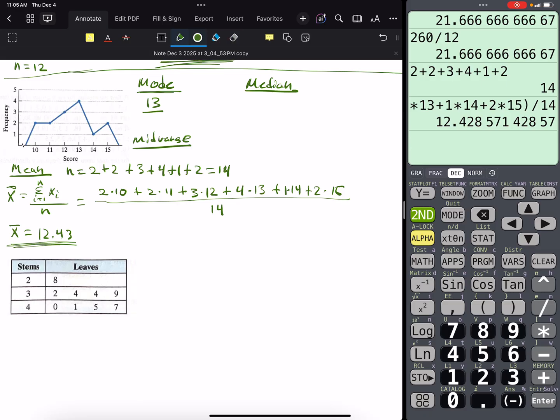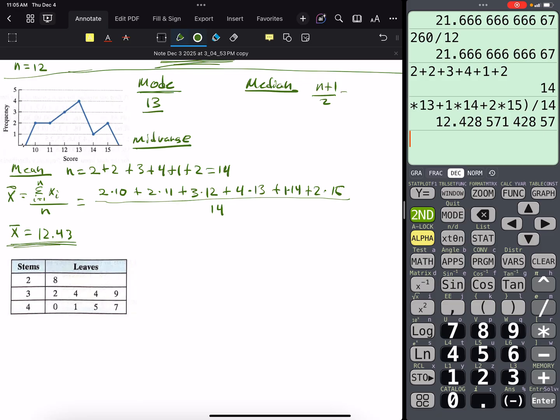Now the median, remember I've got to have this sorted from low to high or high to low, and then I can get the position of my median using this formula. But being an even number of data points, this formula is going to drop me between 2 data points. I'm going to have to average those 2 data points. And so the position of my median is going to be at n plus 1 divided by 2.